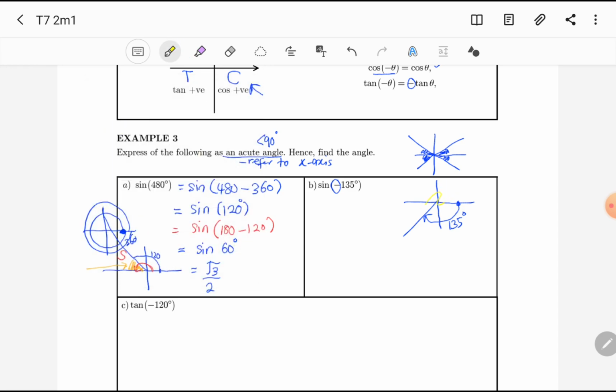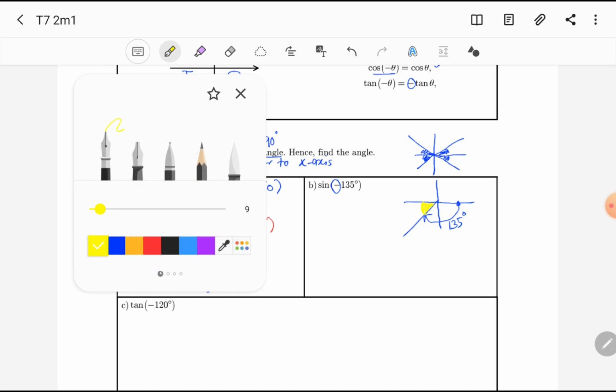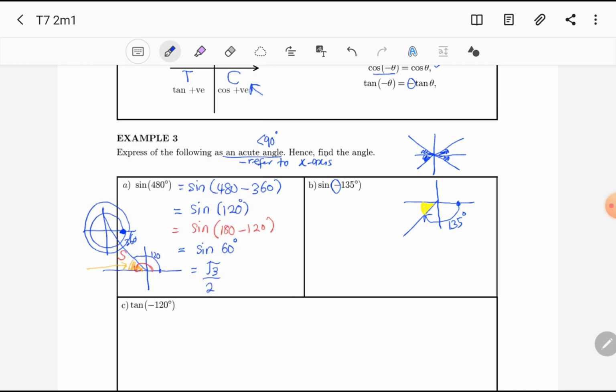Mana acute angle? Okay, ni. Tu, acute angle tu. Yang kecil dan rapat dengan paksi apa? Paksi X. Nah, okay.